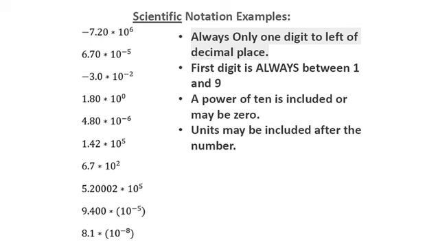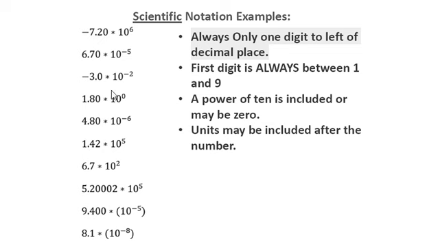So scientific notation looks like that. In your decimal point, you have only one digit to the left of your decimal, and the first digit is always between 1 and 9.